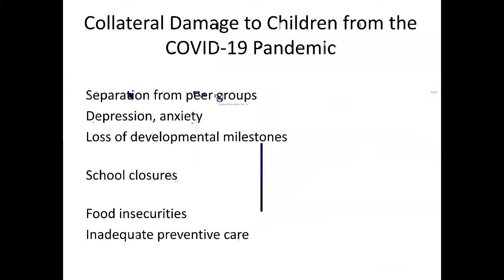Lastly, there's been a lot of collateral damage to children. While they have not been affected as much medically as the adult population, they've been affected in a myriad of other ways. So separation from their peer groups because of school closures and stay-at-home orders, depression and anxiety, loss of developmental milestones. The school closures have had a major impact on children.